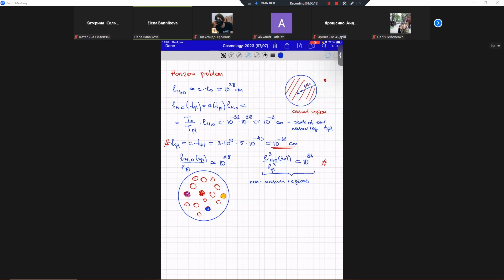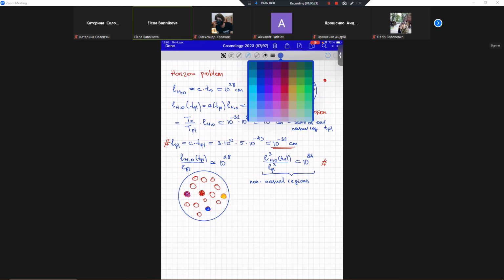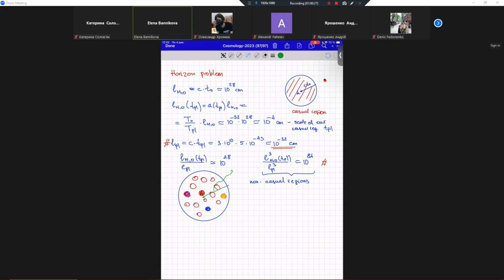But this is exactly LH0 over T Planck. In this case, why, if on the Planck scale, in this early time, we had so many non-causal regions, do we now have matter everywhere which is homogeneous and isotropic?